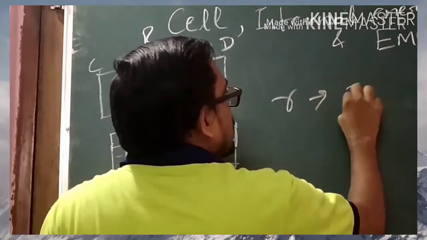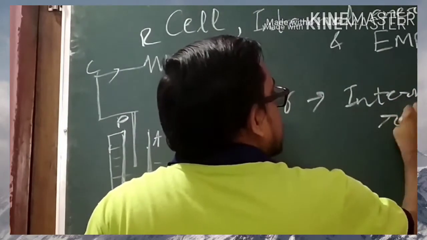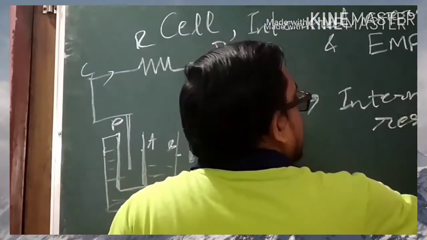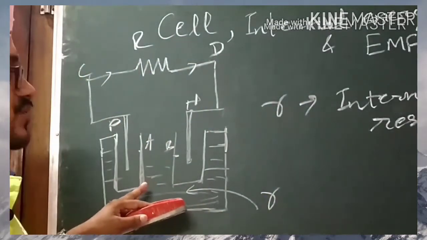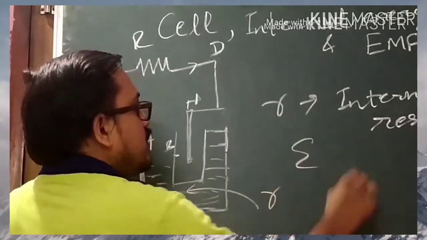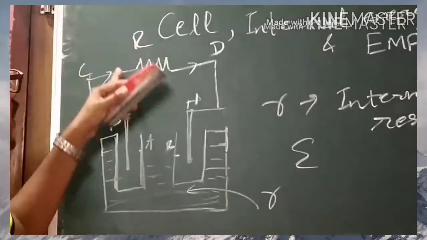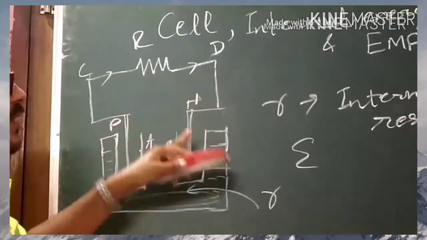This small r is the internal resistance offered by the electrolytic solution.